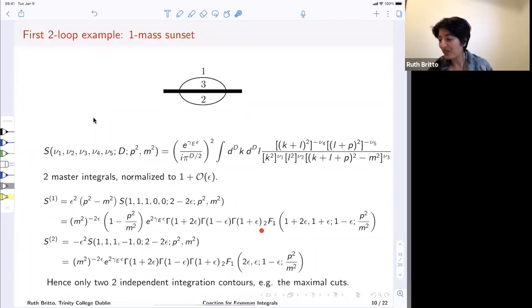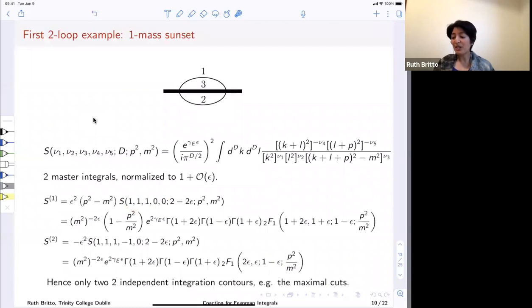These are essentially generators of this space of 2F1s. Okay, so now we have our basis of integrands. So the integrands have been specified here. So this is, say, your ordinary starting scalar sunset, and then the second one we've defined by inserting a numerator.